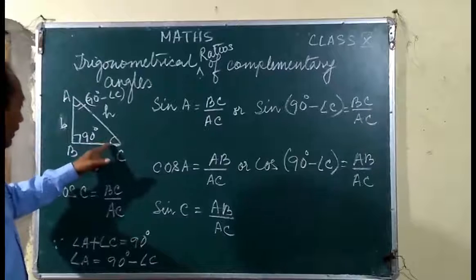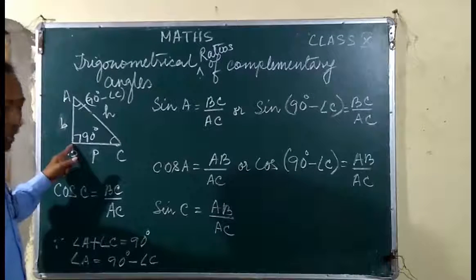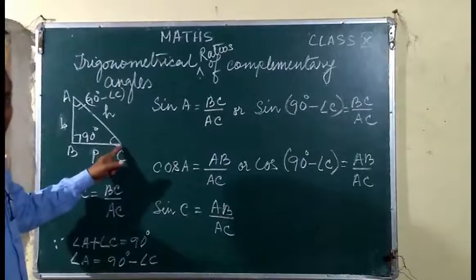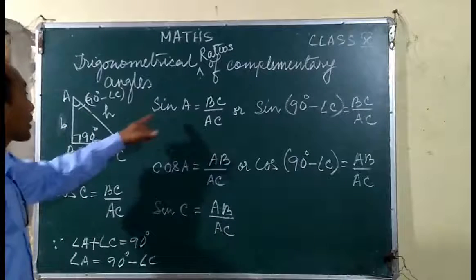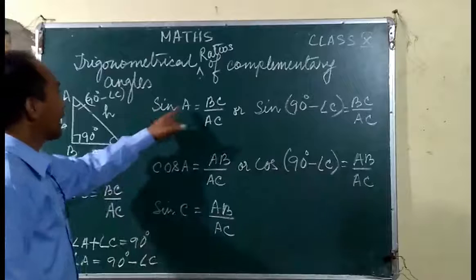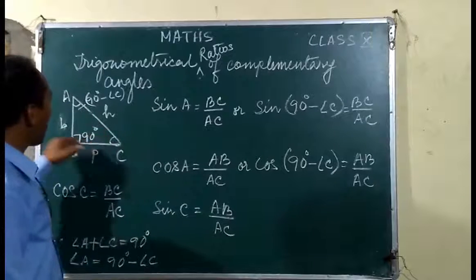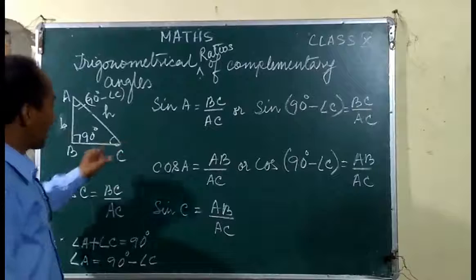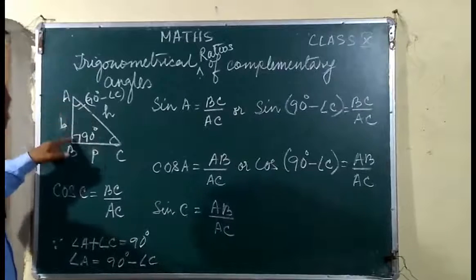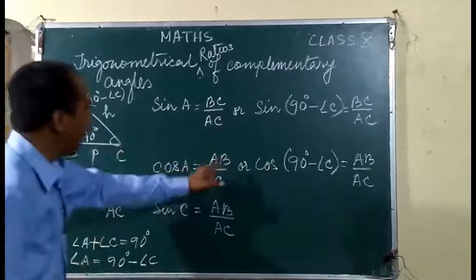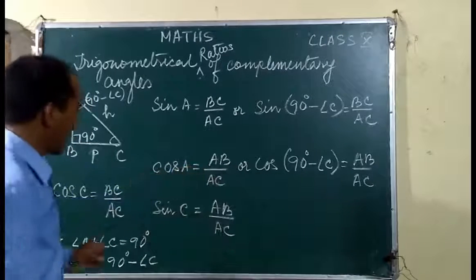The side opposite to 90 degree is hypotenuse. If you measure this acute angle, angle C, then AB will be considered as perpendicular and BC will be considered as base. Hypotenuse remains fixed. So sin A is BC by AC, perpendicular by hypotenuse. Cos A equals base by hypotenuse, AB by AC.